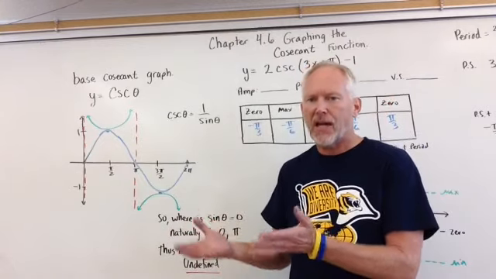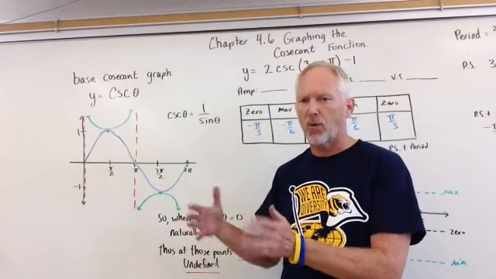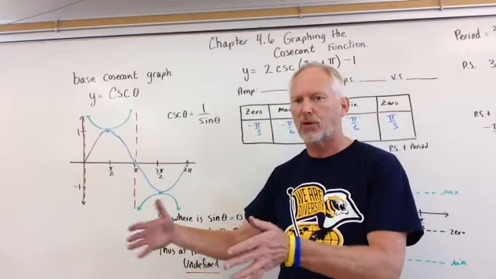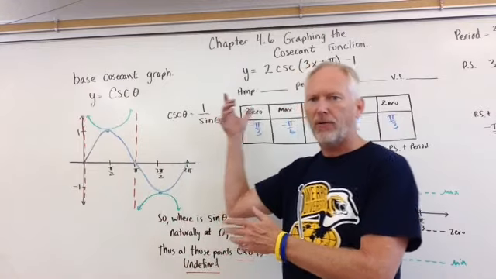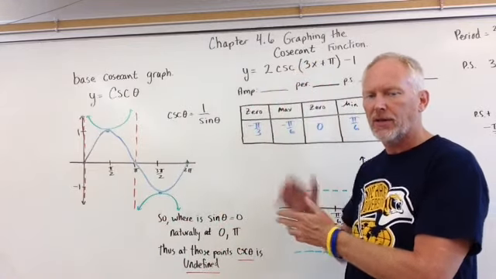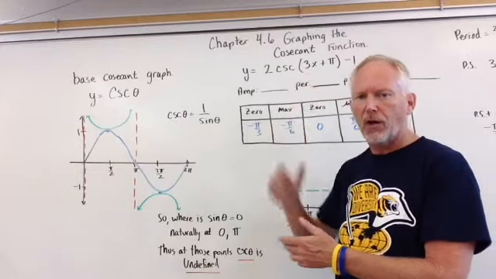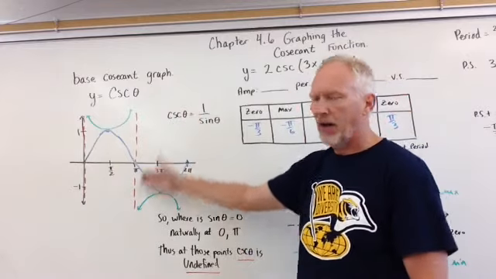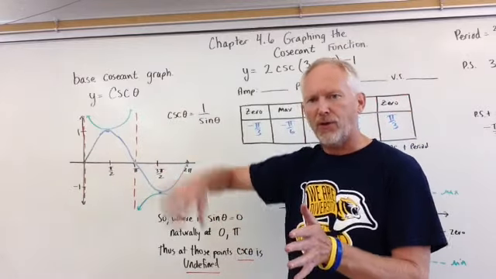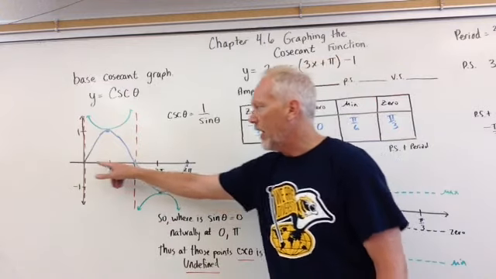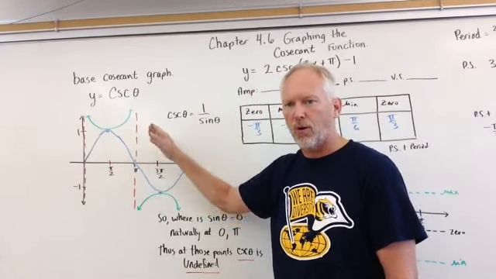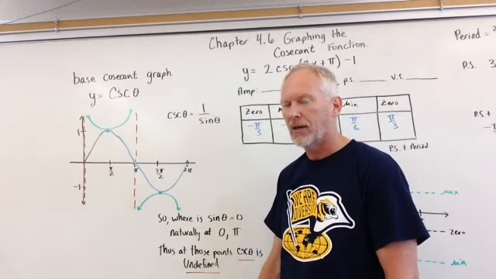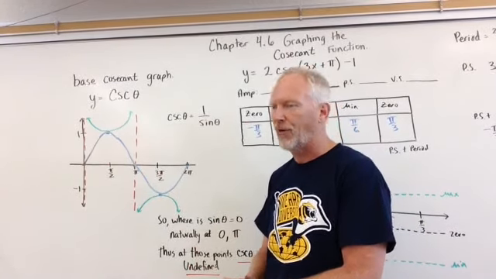Now, this is not like tangent or cotangent where I'm setting asymptotes equal to the bx minus c part of our function right here in the parentheses. We still set this equal to 0, and we just need to find out where, when we shift the graph, it crosses over a y value that's 0, and then we will get something that's undefined.